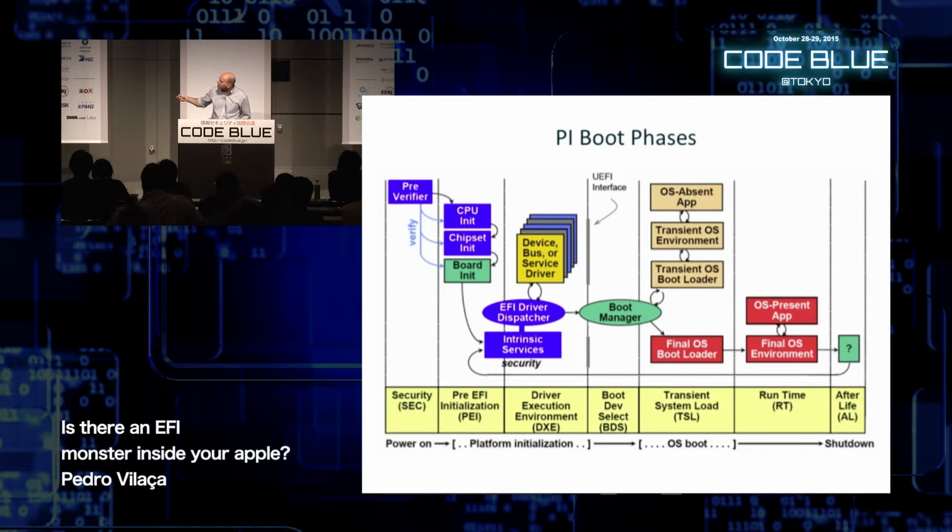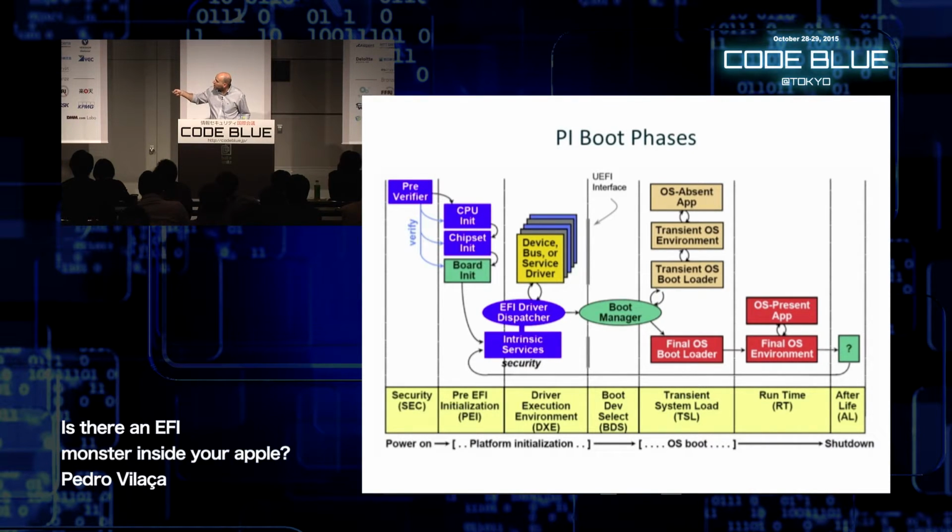And then when this phase is over, you pass control to the bootloader. If it's Linux, it can be GRUB or another loader. If it's a Windows machine, it passes control to the Windows bootloader, and so on. So at this phase, the operating system or the bootloader is starting to take control.